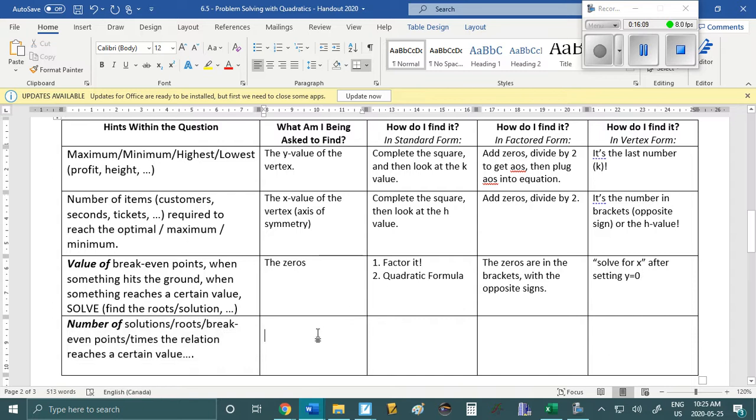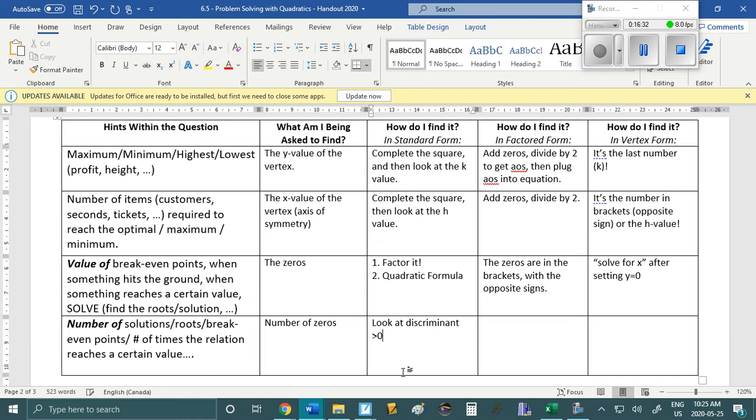All right, next, the number of solutions, roots, break-even points, or times, or the number of times the relation reaches a certain value. This is the number of zeros. In standard form, look at the discriminant. That's a hard word to spell.